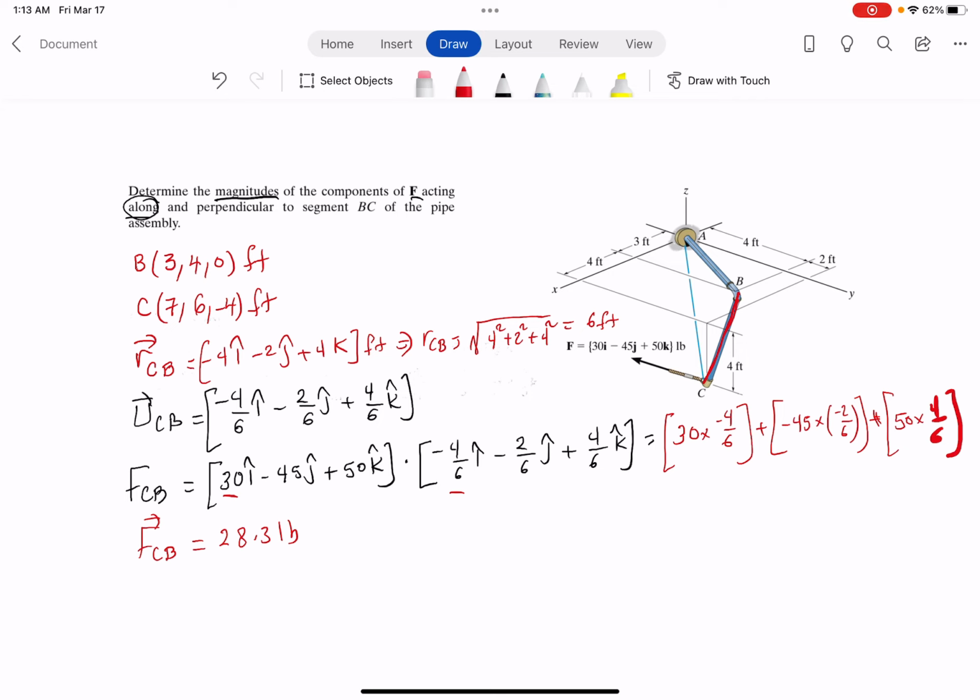Now, the next one is to find the component of the force perpendicular to the segment BC. So remember that we have parallel, or along, and now perpendicular.